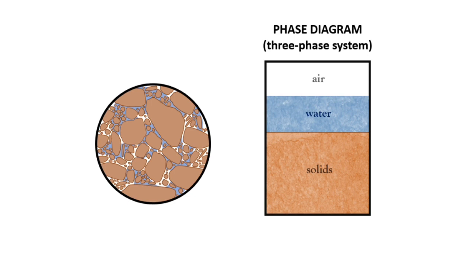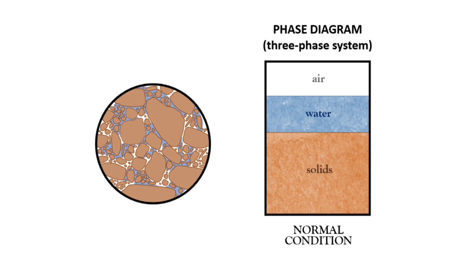And under this condition na kung saan meron kang air, water, and solids doon sa iyong soil mass, ang tawag natin sa ating lupa is normal condition. So, there are different conditions of soil. Like for example na yung void spaces natin ay filled with water. So kung saan walang air pockets doon sa mismong soil mass natin.